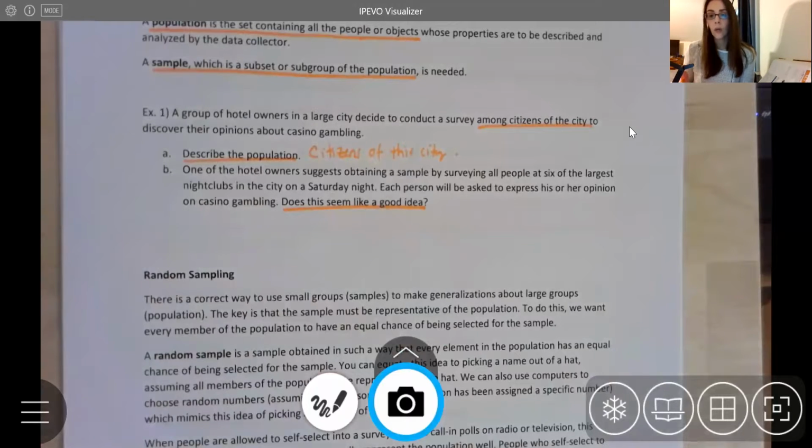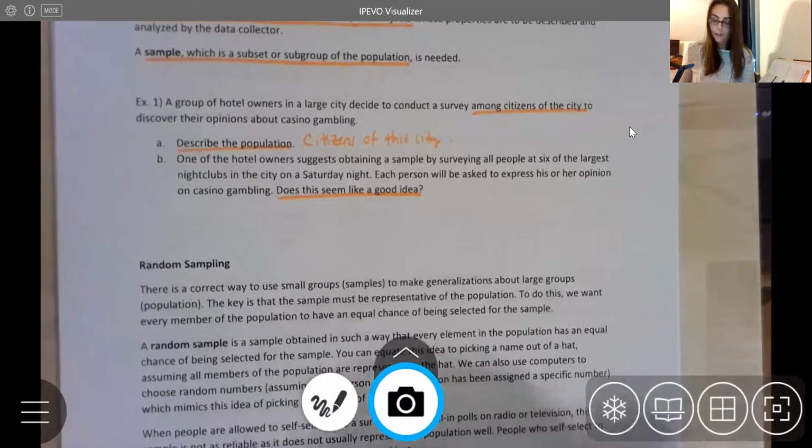The answer is no. And the reason it's no is because by surveying only people at nightclubs, or 6 of the largest nightclubs, you're not really getting the overall perception of all citizens in the city, right? You're only focusing on people who go to nightclubs, particularly these 6 largest nightclubs. So it may not represent the opinion of everybody in the city because you're focusing on a small group here, but this group does not represent the overall population. So is this a good idea?